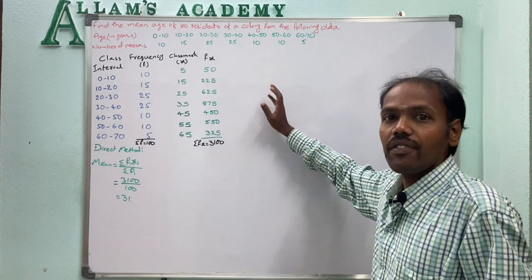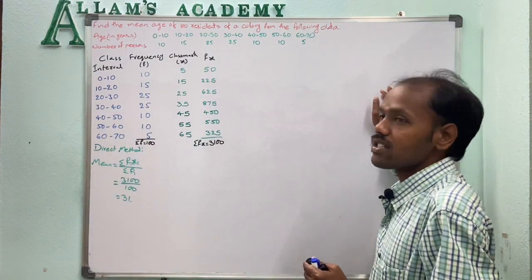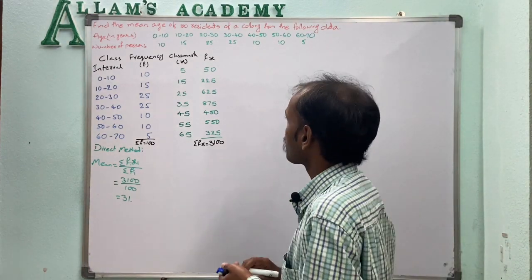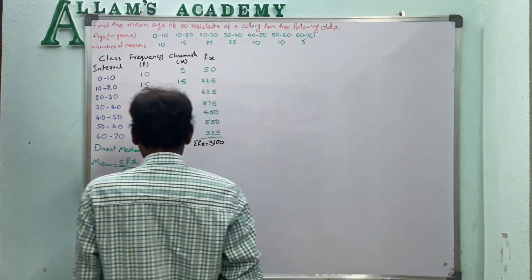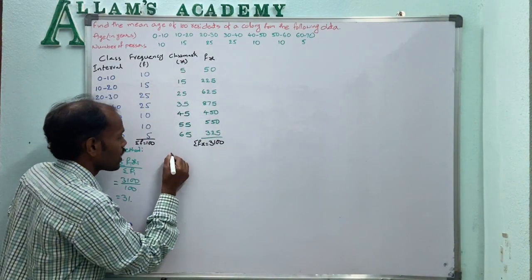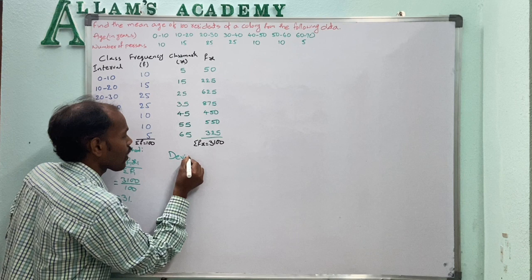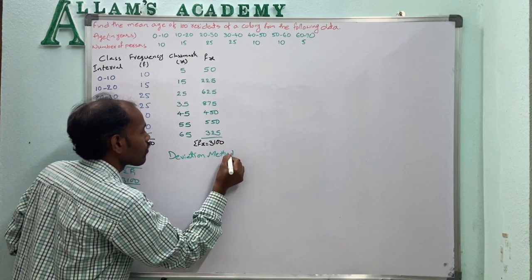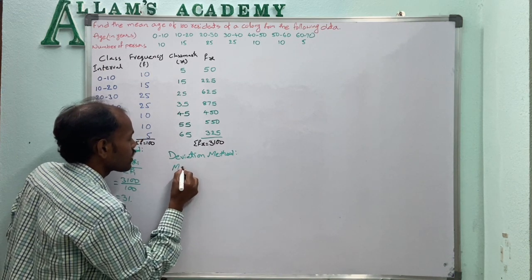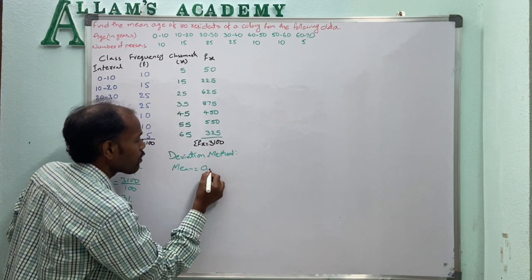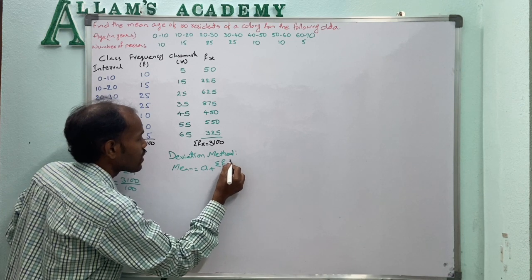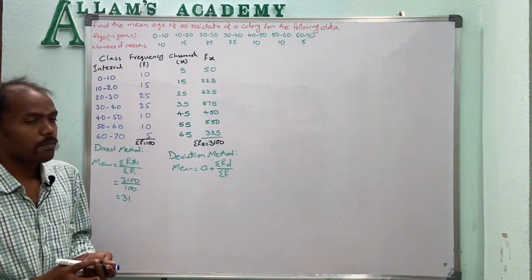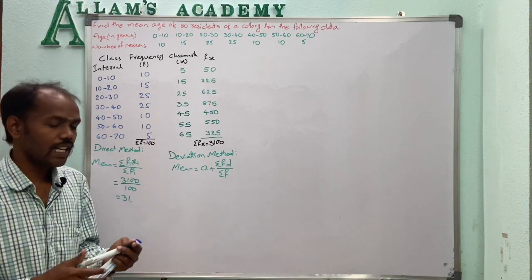Now the deviation method and step deviation method should also give the same result. We check that. For finding through the deviation method, the principle is a plus summation fi di by summation fi. For that we have to fill in the a value.